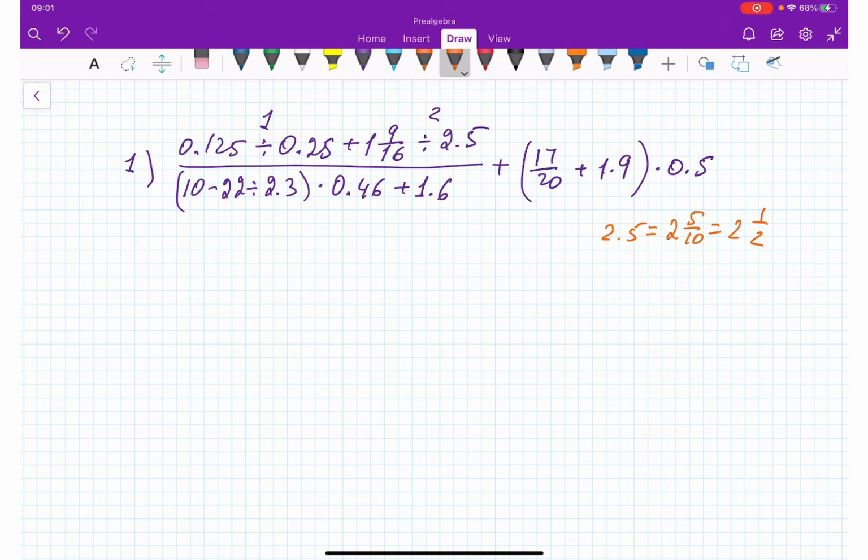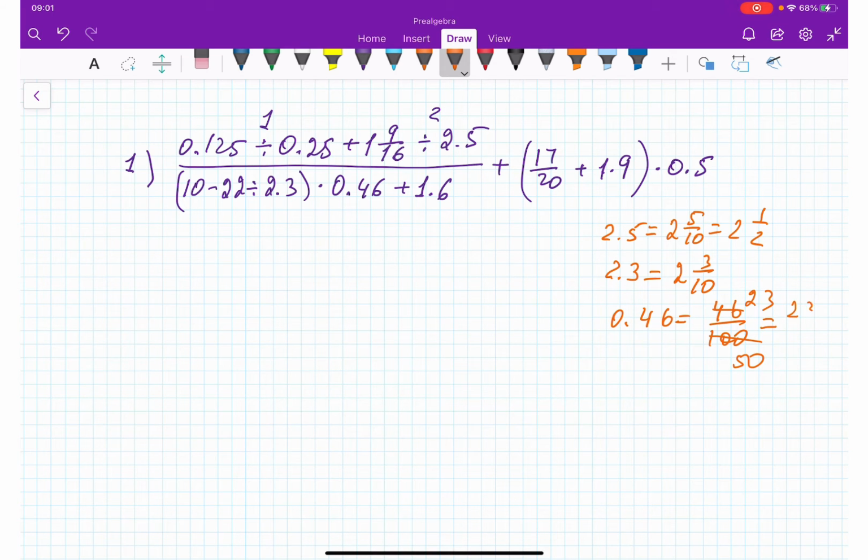Let me see here also in the denominator what we're going to do. 2.3, it's 2 and 3/10. And 0.46, it's 46 over 100. Reduced by 2, it's going to be 23. Reduced by 2, it's going to be 50.